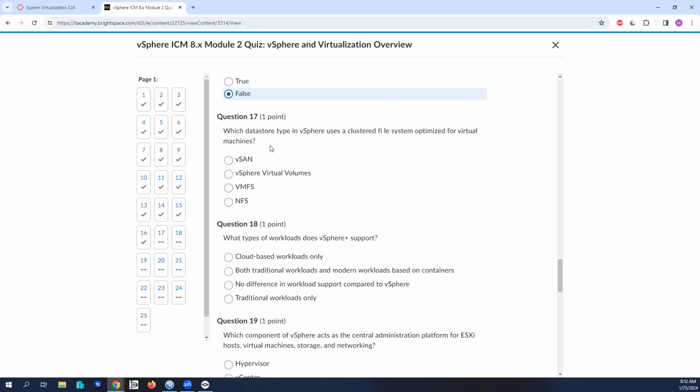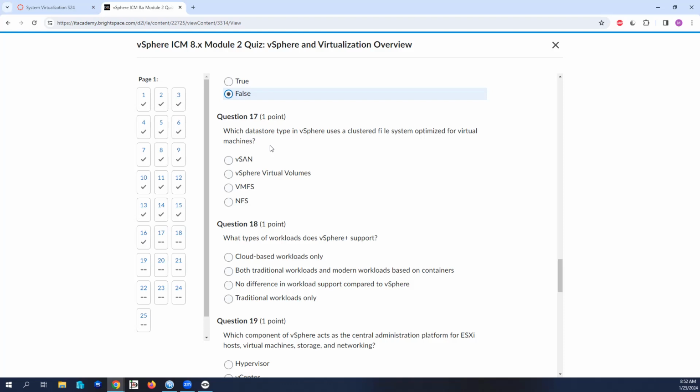Which data store type in vSphere uses a clustered file system optimized for virtual machines? So what is a clustered file system? What two letters do you see whenever you know it's a file system, typically?